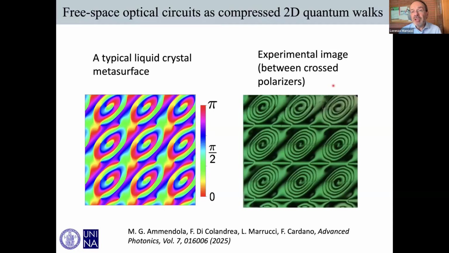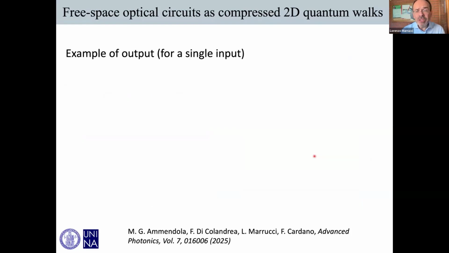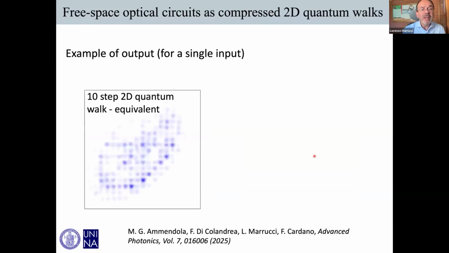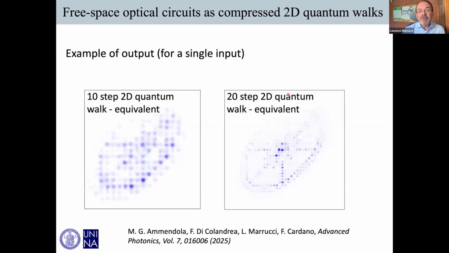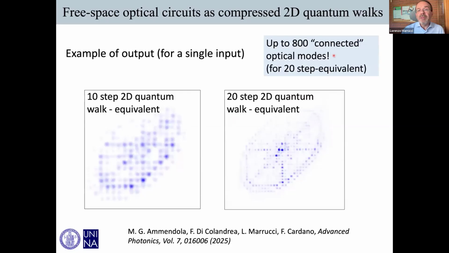And this is the experimental image of this kind of device, seen in between crossed polarizers, showing that after manufacturing, it looks a bit like this, with these structures which are periodically repeated and are rather complex. Then using three of these elements suitably patterned, you could get this kind of output, for example, of a 10-step 2D quantum walk, or even a 20-step 2D quantum walk. And this, in principle, connects up to 800 optical modes for the 20-step case, only using three devices in free space.